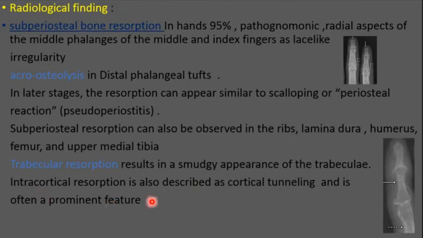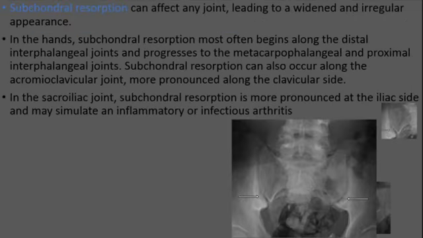Intracortical resorption is also described as cortical tunneling and is often a prominent feature. Cortical tunneling is also due to subperiosteal bone resorption.